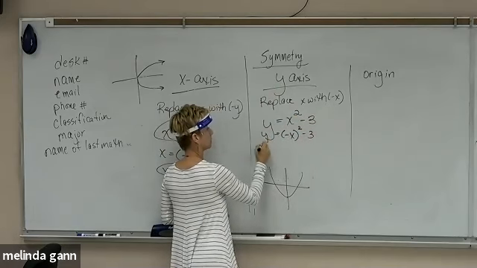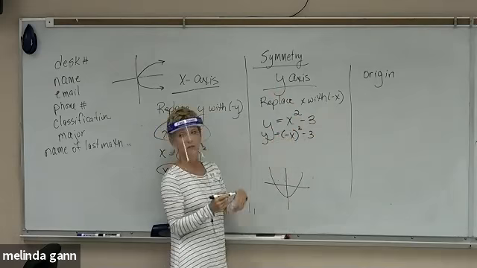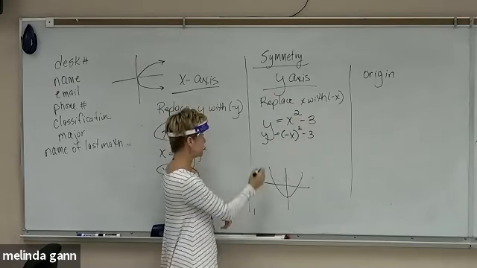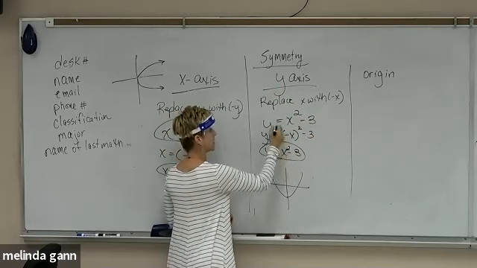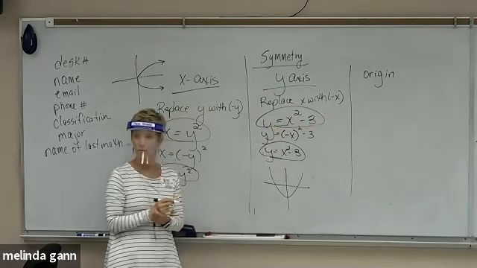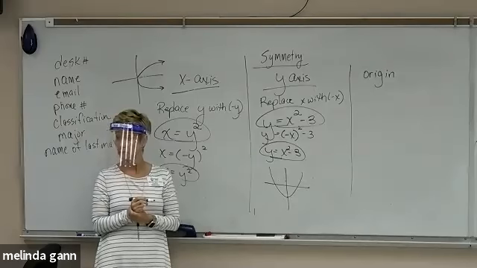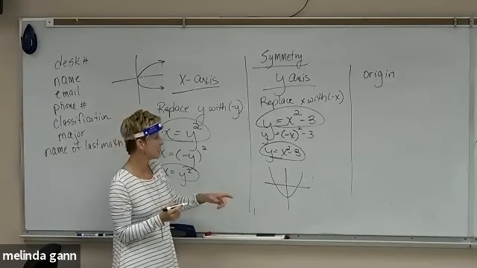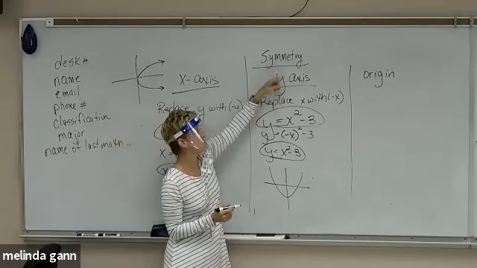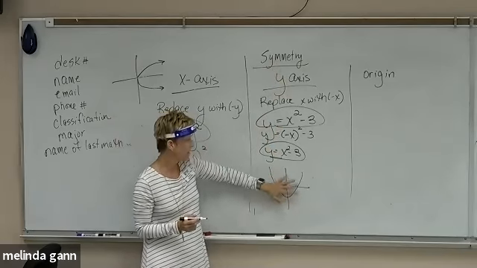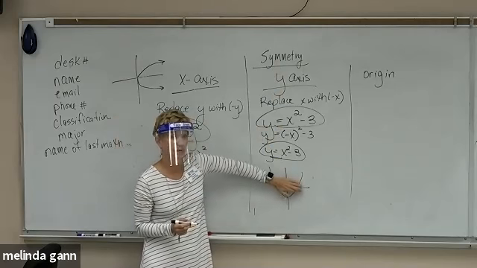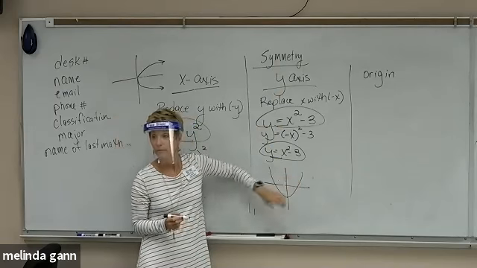But what happens when you square a negative x? What do you get? So I would get y is x squared minus 3. Does that look like my original? It does, doesn't it? And think about it. Y-axis symmetry means you fold along the y-axis. So sure enough, if you were to fold along the y-axis, wouldn't this fit right on top of that?